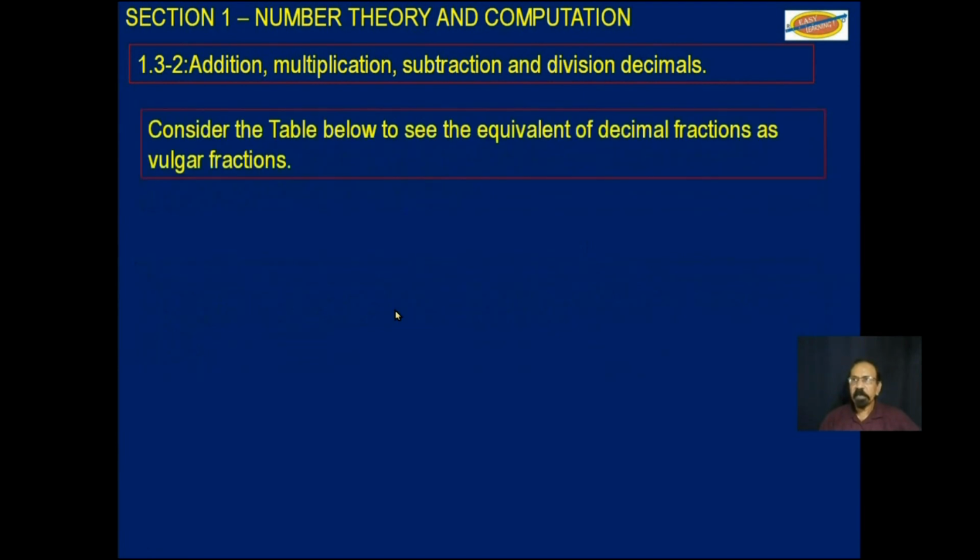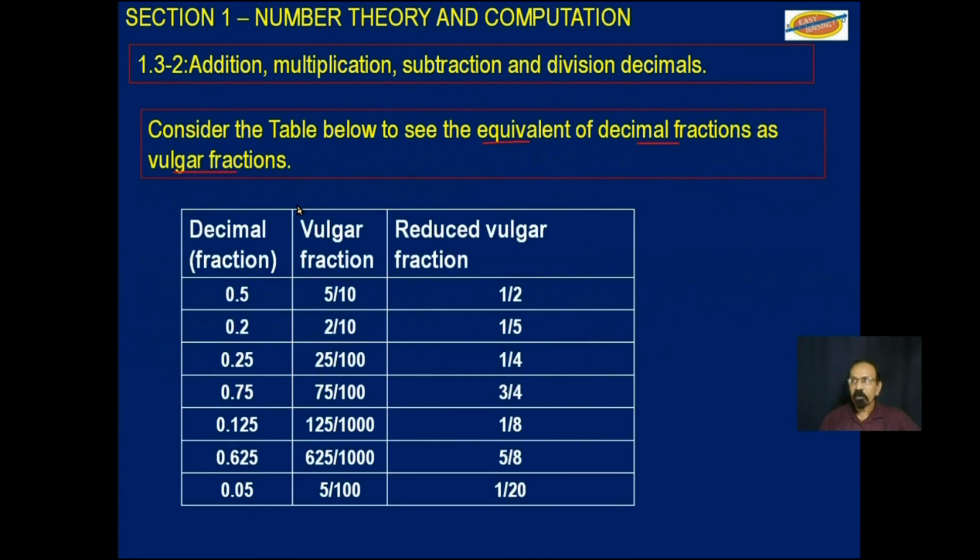Now consider the table below to see the equivalent decimal fractions and vulgar fractions. For example, 0.5 is really 5/10, but if you reduce that, you will get half. So half is the vulgar fraction for 0.5, which is the decimal fraction.